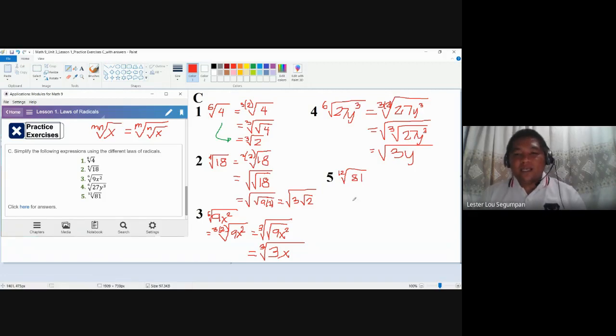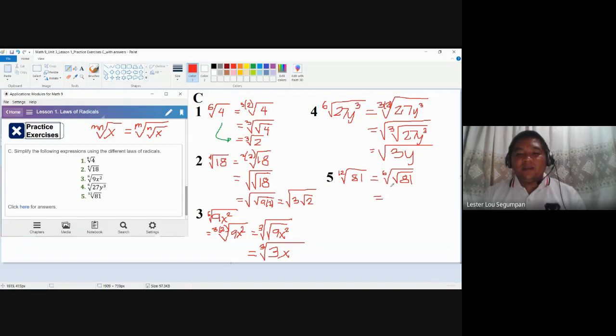Number one, we can rewrite this as the 6th root of the square root because 12 can be rewritten as 6 times 2. So we chose 6 outside and we chose the 2 inside because it is way easier for us to get the principal square root of 81 than the 6th root of 81.